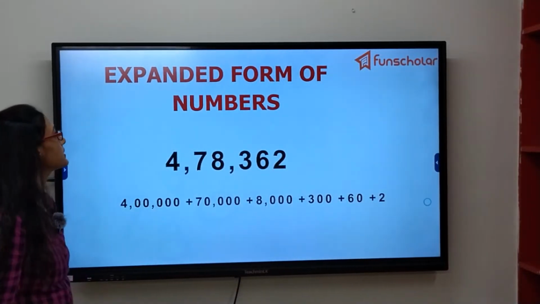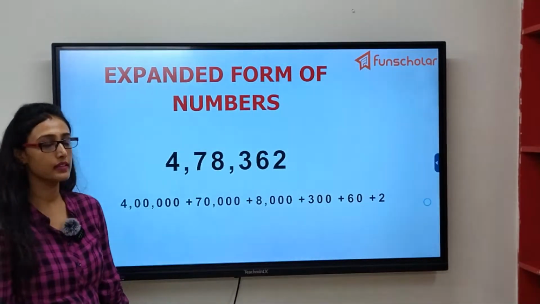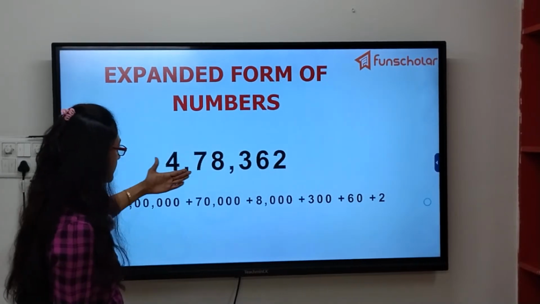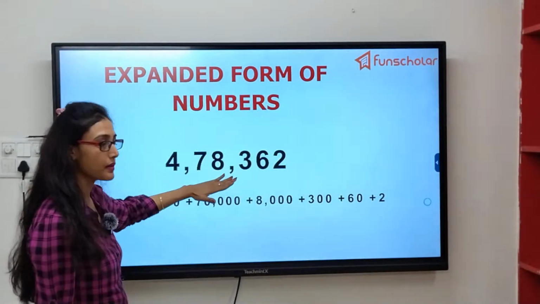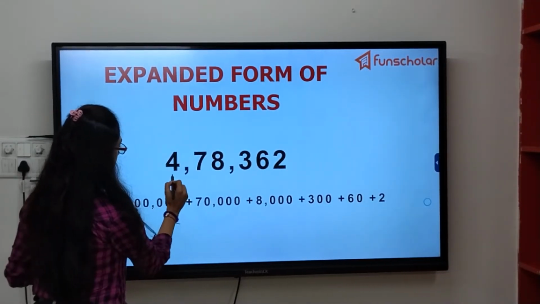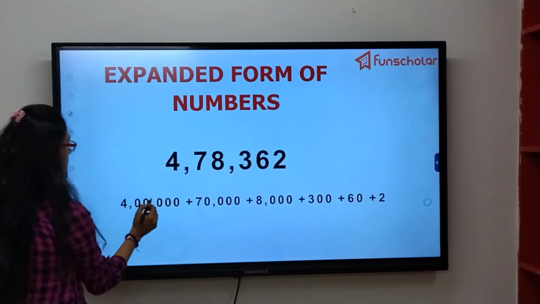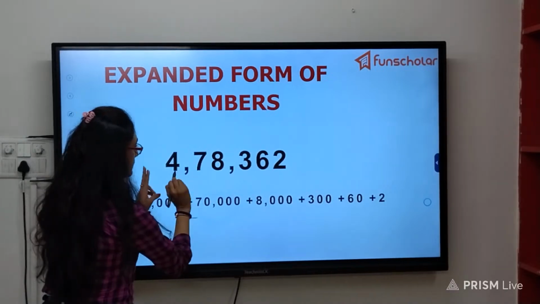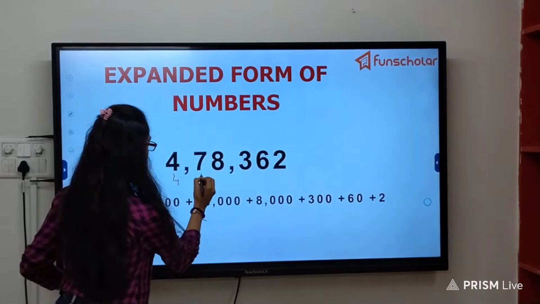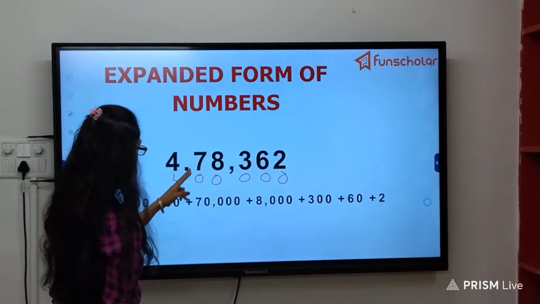So next topic is expanded form of numbers. So what is expanded form? See, there is a big number written. If I split this number, this number can be written as 4, then you just put 0 in the first line, 0, 0, 0, 0, 0.